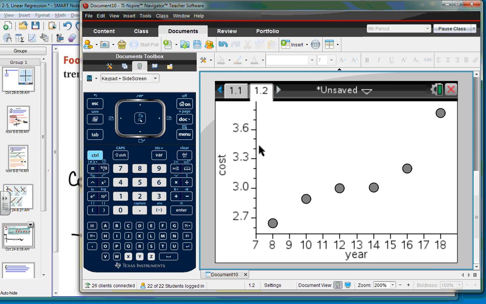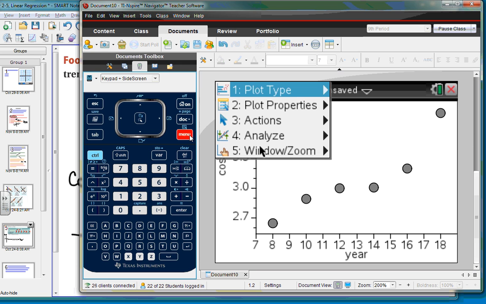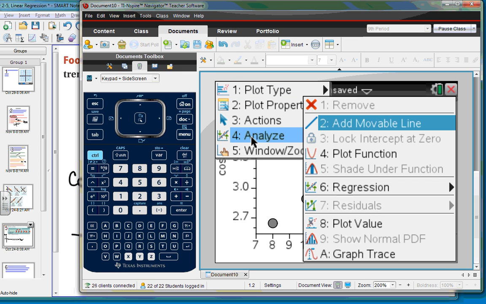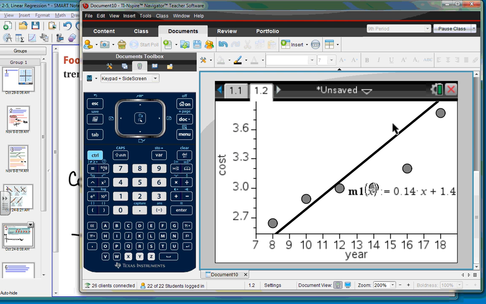Yes. If this is not on your lovely little notes page, you need to add it. So hit Menu, Analyze, and then what do you think we want to add? A movable line. Because how is it going to be helpful if we put a line in there and it does not represent our data? So we want to add a movable line.